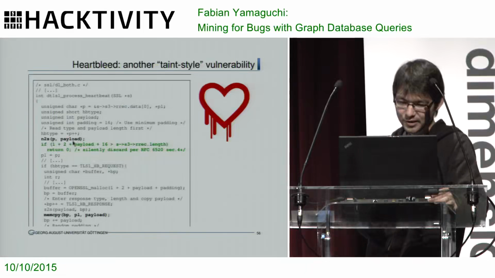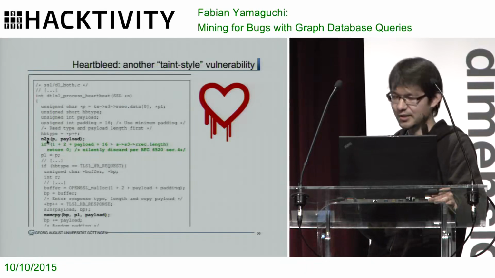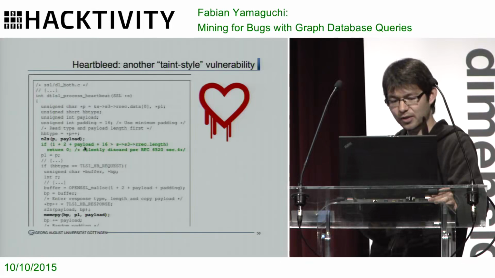So you have this attacker-controlled payload field here. And again, there's this network to host byte order conversion. And in the original code, this check here was not in place. And then it eventually reaches the third argument of memcopy. And since the check is not in place, you can copy more than you should.